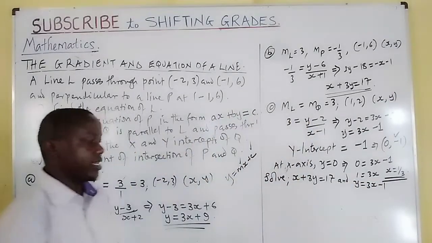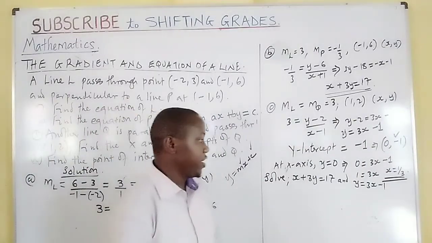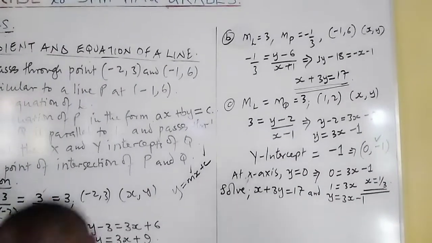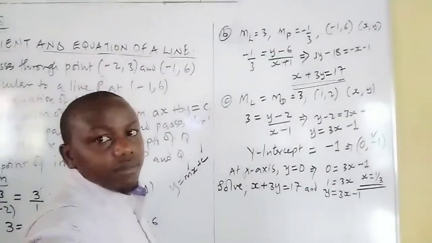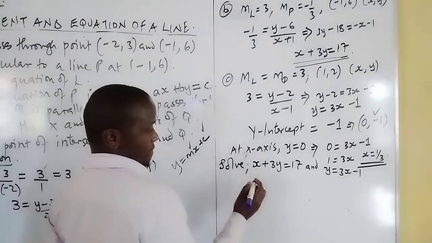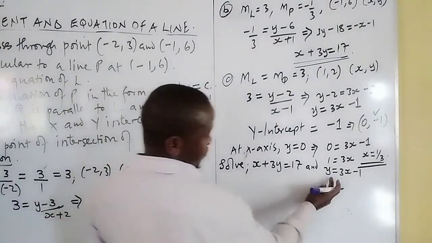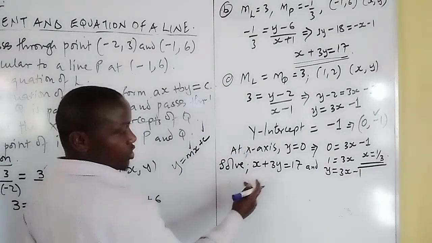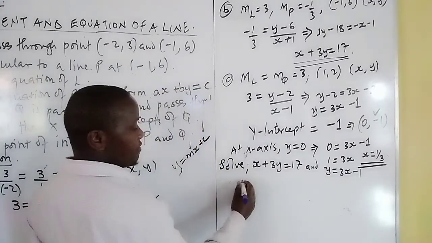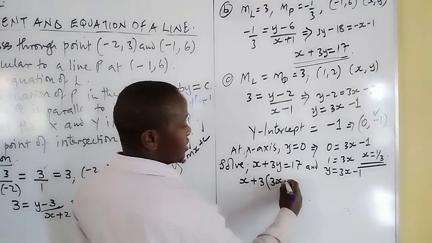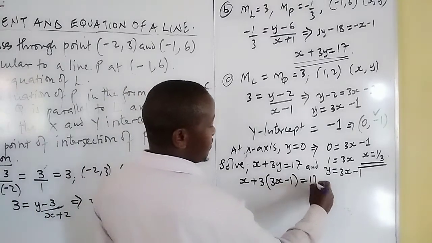We solve them simultaneously, so we can use the substitution method. Because y is expressed directly in the second equation, we use this expression. Therefore, we shall have x plus 3 times 3x minus 1 equal to 17.